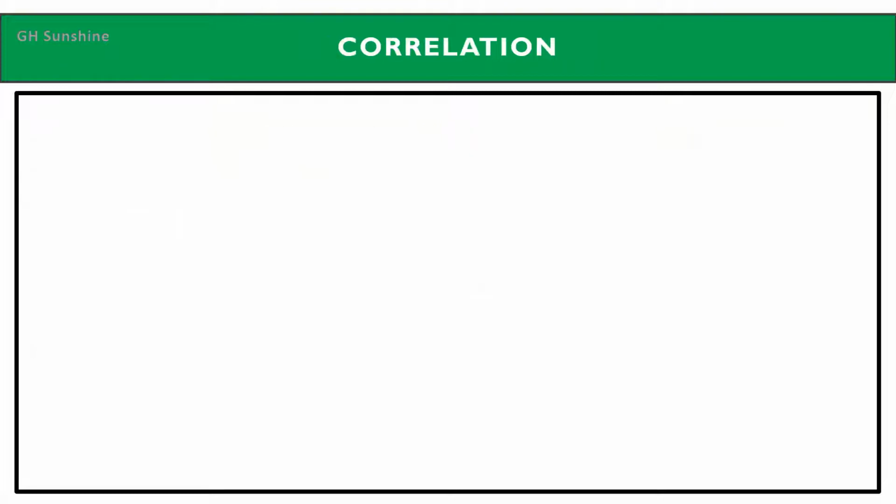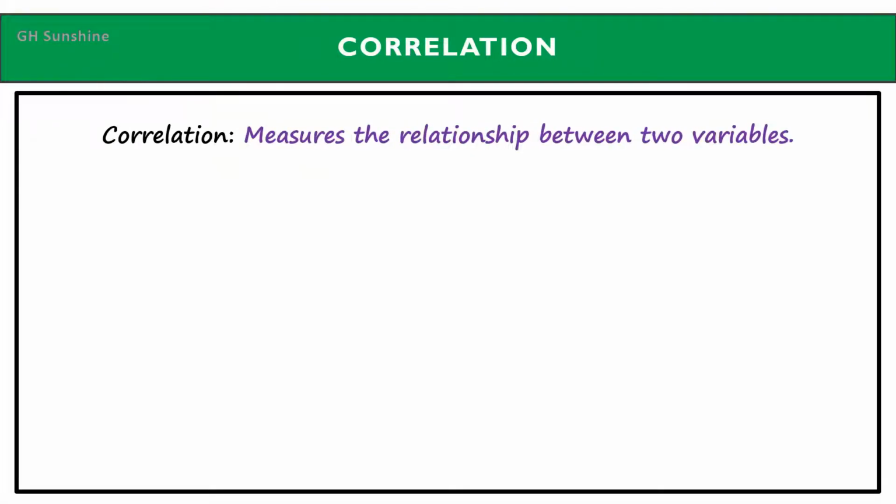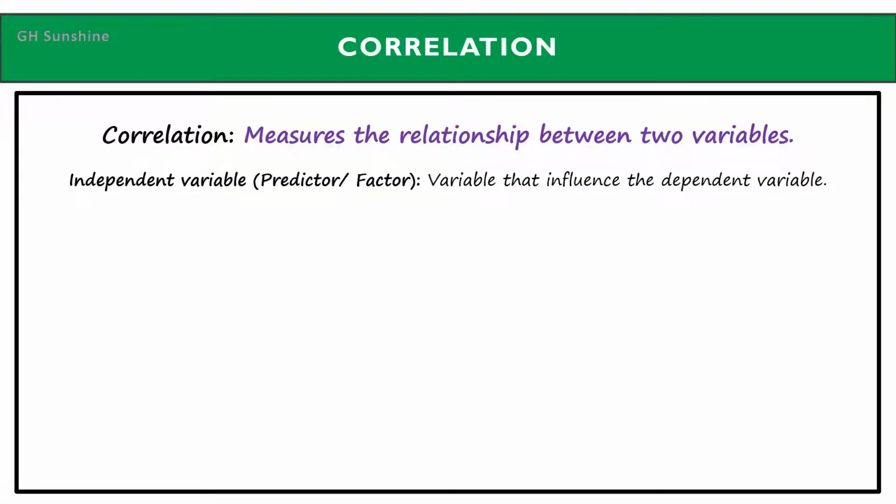What is correlation? Correlation measures the relationship between two variables. What are the two variables? First is the independent variable, known as the predictor or factor. This variable influences the dependent variable.